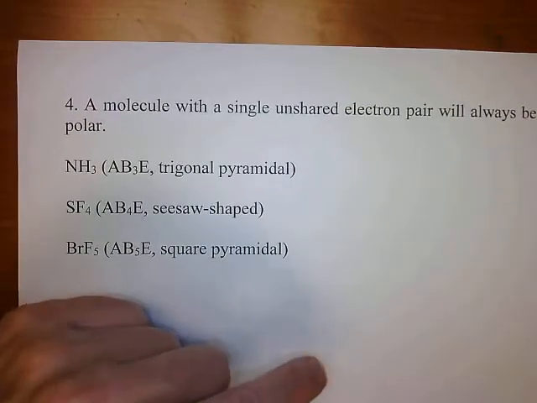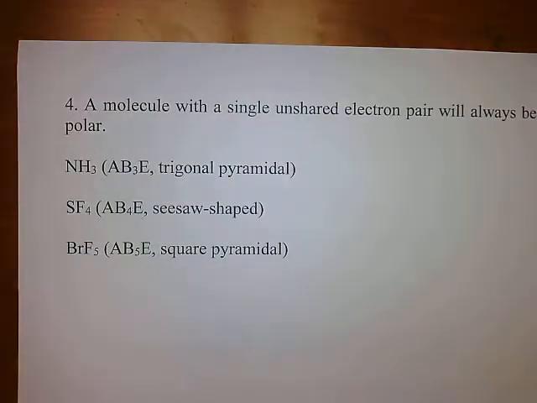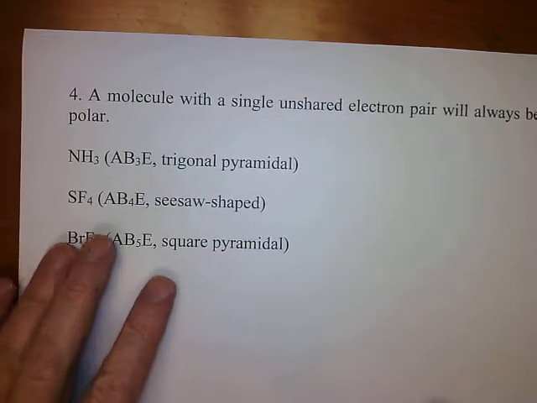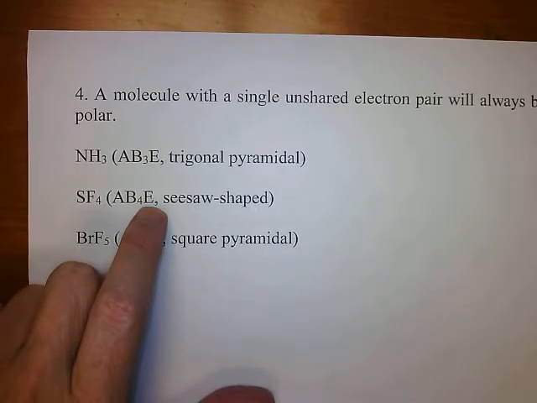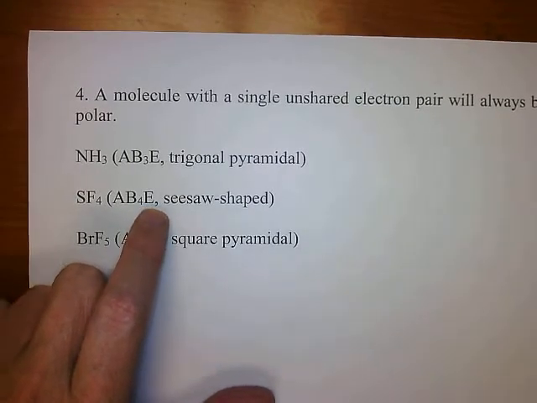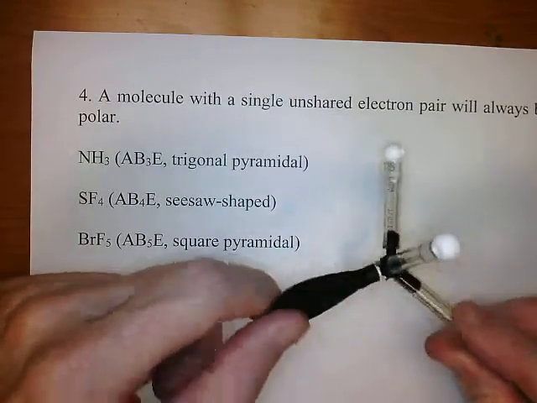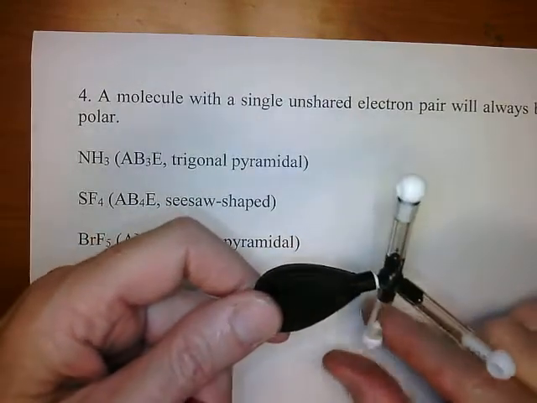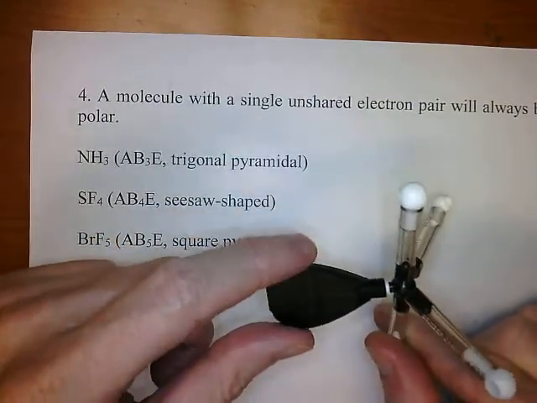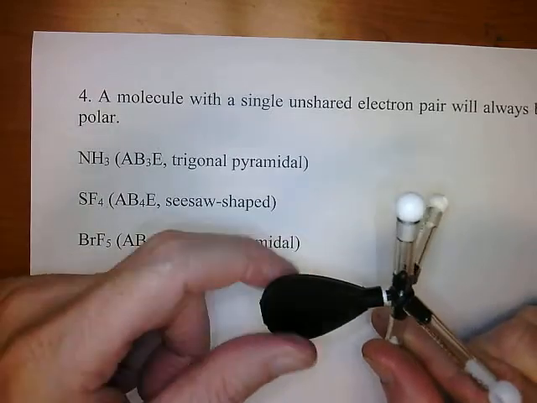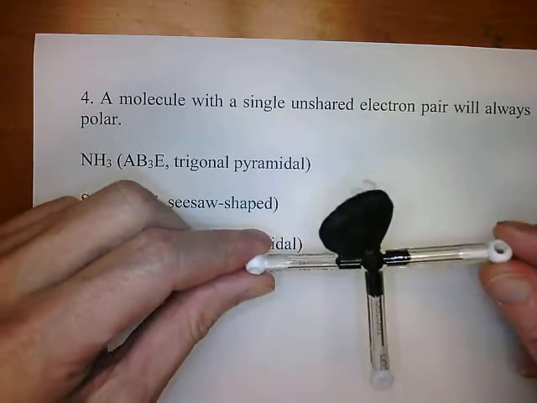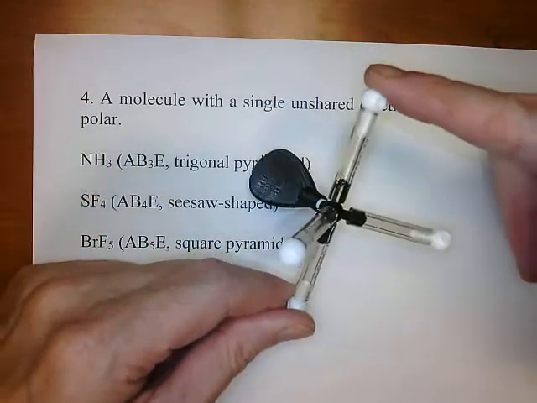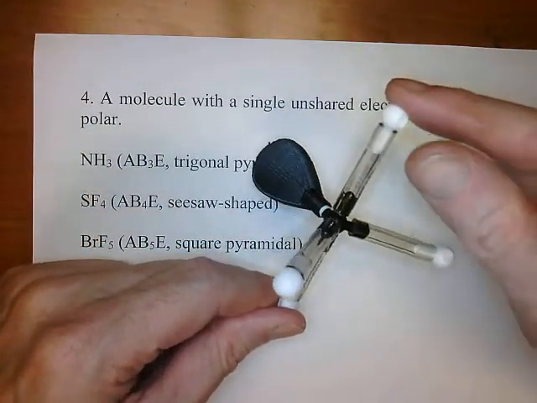All right, so SF4, once again, we classified this as an AB4E molecule. So once more, you have one unshared electron pair. It's a trigonal bipyramid where you have an equatorial position occupied by the lone pair. Now, the axial positions, the two that are opposite one another, would still cancel each other out.